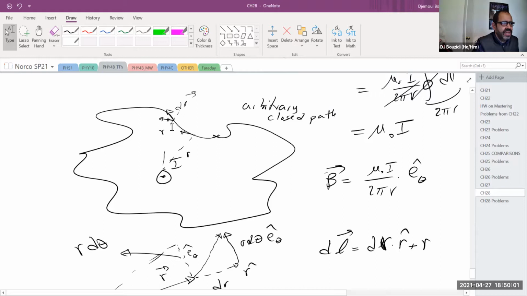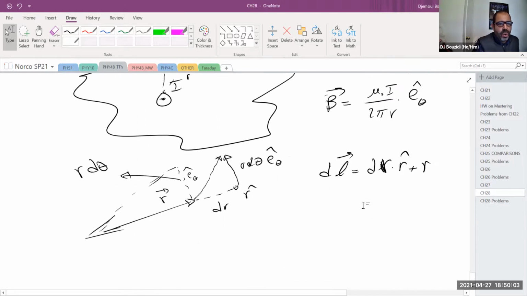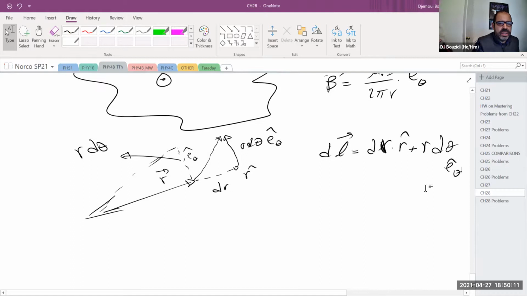So this is r and this is r plus dr, okay, or r d theta in the angular direction theta. But I'm interested in B dot dl. I'm not interested in B or dl by itself. I'm interested in actually the dot product of the two vectors, B times dl.